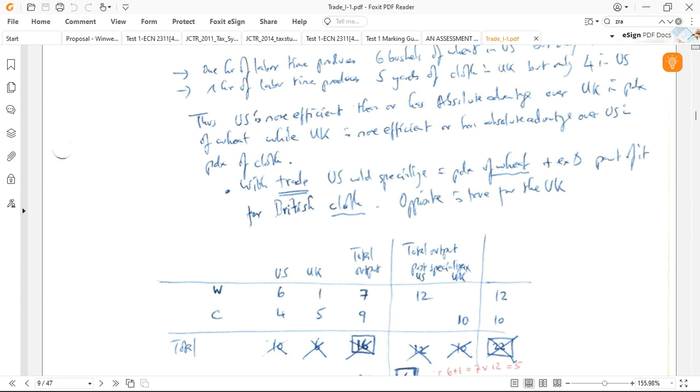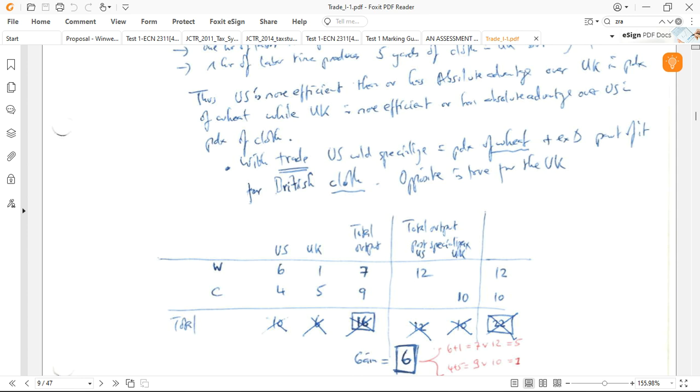But after specialization, the US is going to specialize in the production of wheat. It's going to concentrate all its output on the production of wheat, and in this case the production is going to double. So the 12 here really just means that after specialization, you concentrate all your resources on the production of this particular commodity. So we expect this commodity to increase.